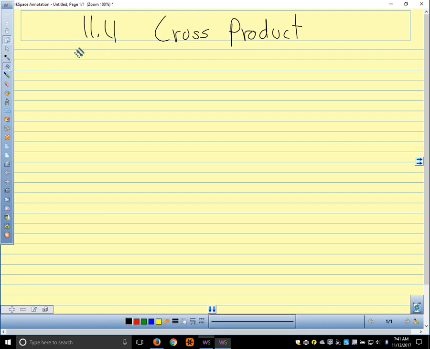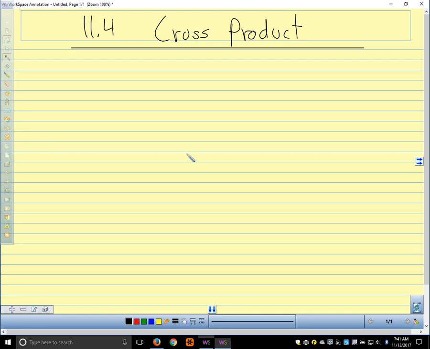So when we start working, let's focus, please. When we start working with vector calculus, which we'll do a lot in chapter 15, we will use the dot product and the cross product in ways that it's hard to even imagine now.